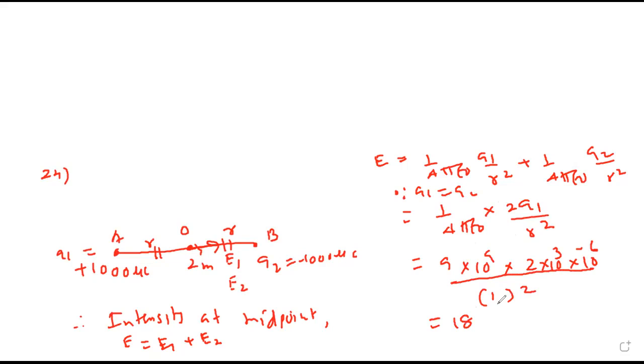So it will become 18 into 10 raised to 9 and 3 is 12. 12 minus 6 will become 6, or 1.8 into 10 raised to plus 7 Newton per coulomb. Then they are telling 4 meters from each end.